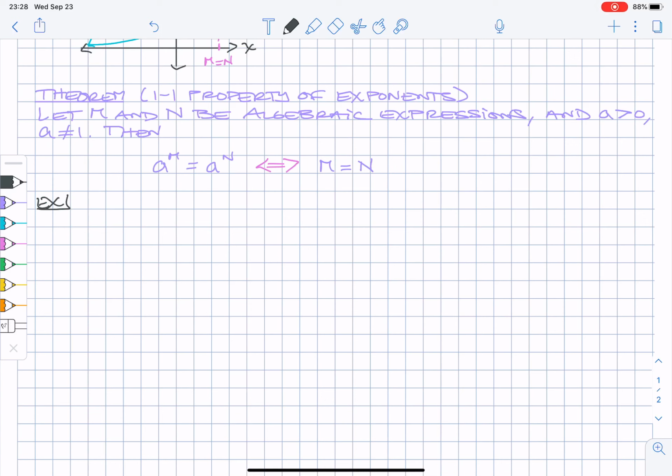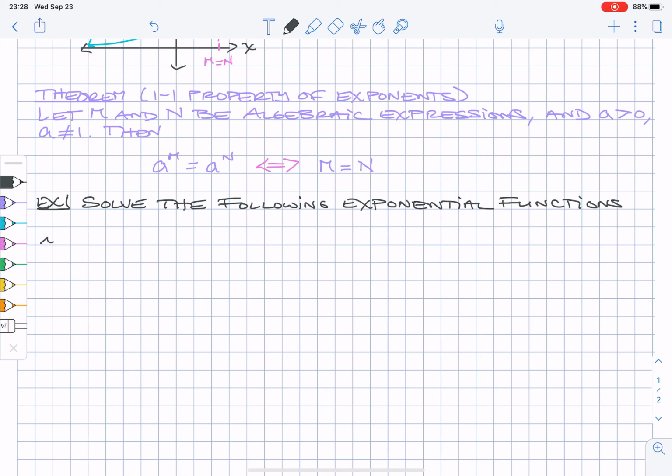So for example, let's solve the following exponential equations, if possible. Okay, so number 1, let's say we have 1 over 125 raised to the 3x, times 5, is equal to 25 squared.